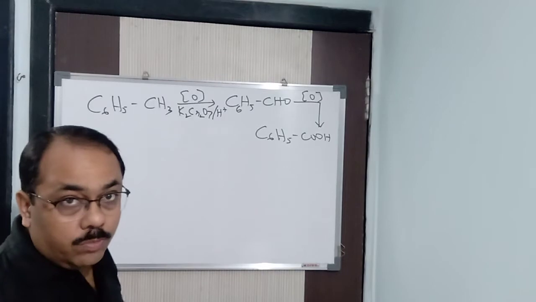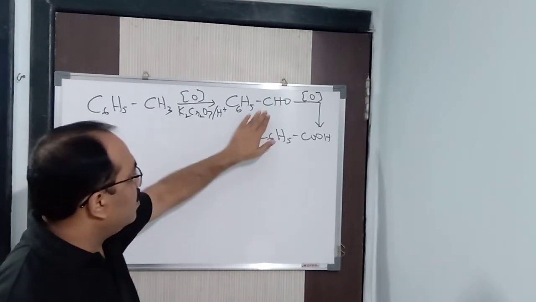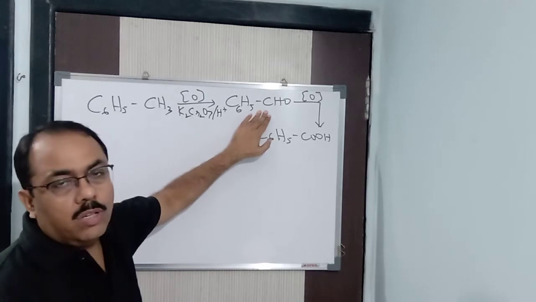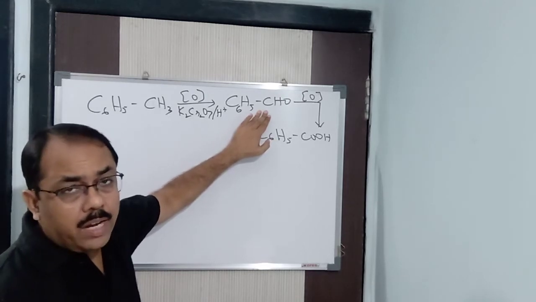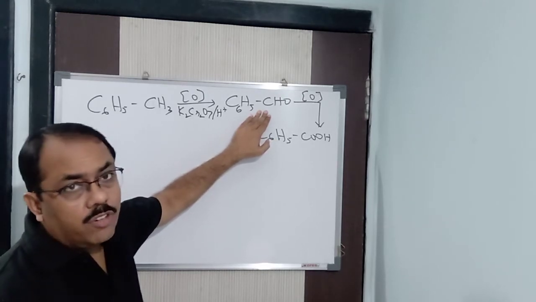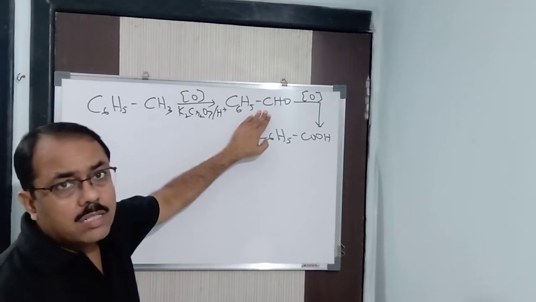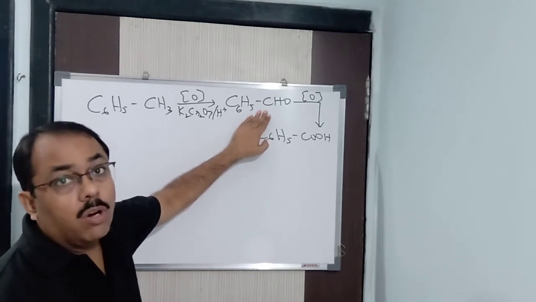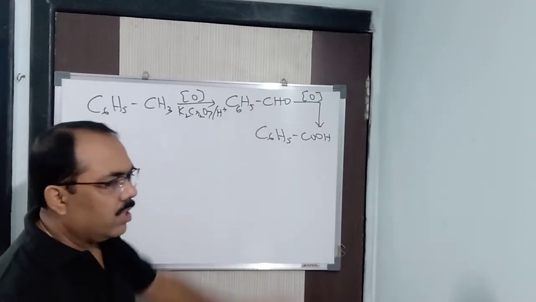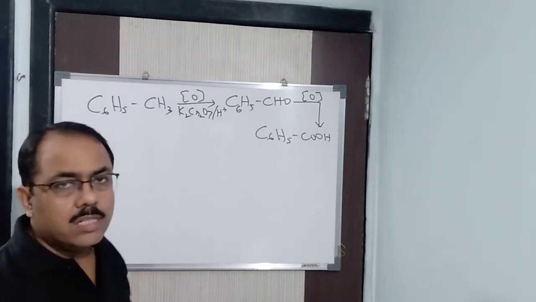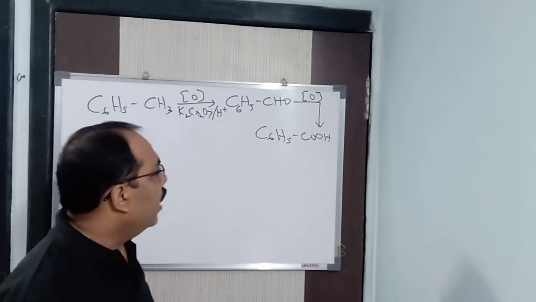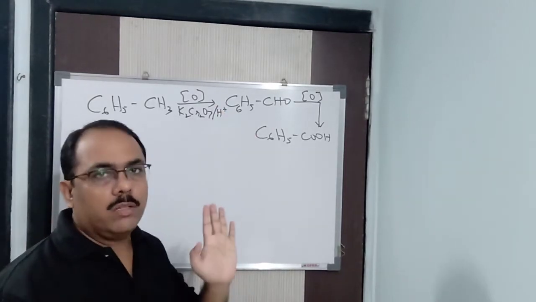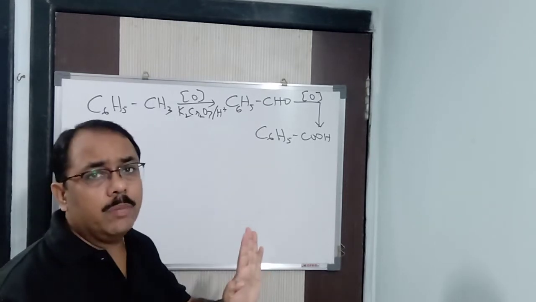So if you want to stop the reaction at this step, you have to take either PCC, pyridinium chlorochromate, or Sarett reagent, or Jones reagent, or Collins reagent. Better is to take Collins reagent or PCC, so that benzaldehyde will be the stable product.